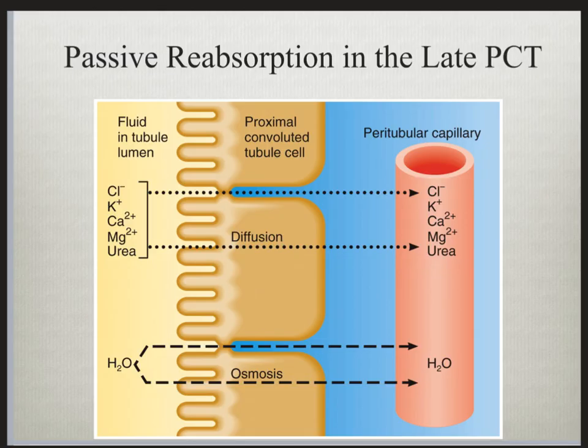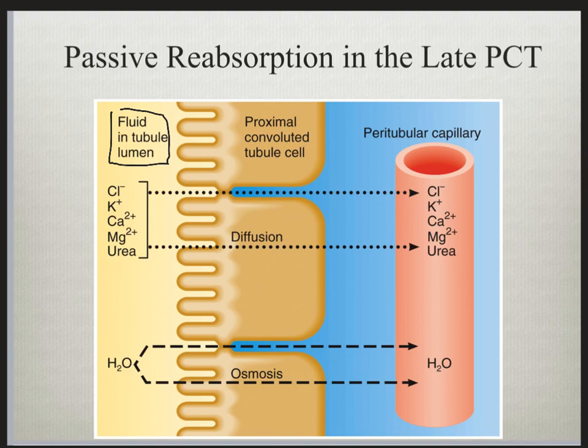As we continue to move down this tubule, and we're entering the late portion of the proximal convoluted tubule, we can start looking at some more constituents that are moving from the filtrate in the tubule, in that lumen. And we see that we're dealing with a few ions: chloride, potassium, calcium, magnesium, and urea.